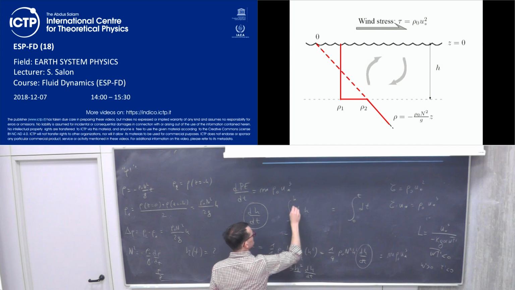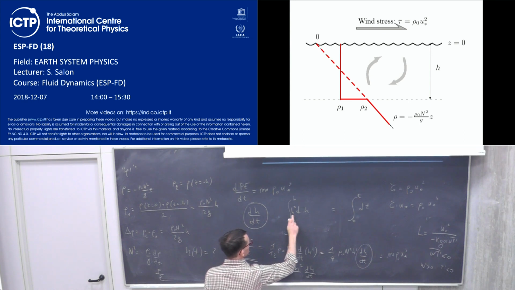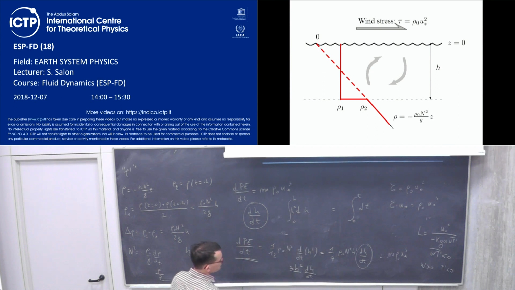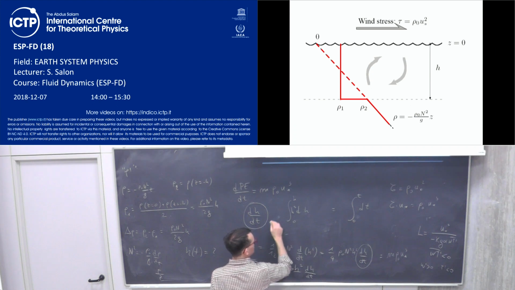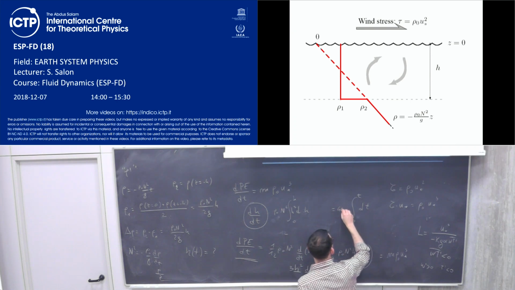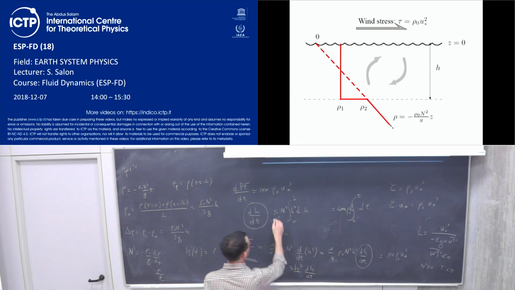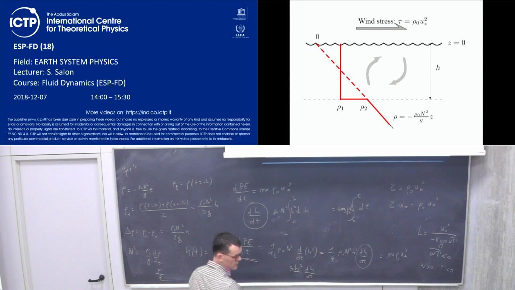We will have here the only term which depends on h, which is h squared. Then we will have rho 0 n squared, and here we will have 4m rho 0 u star cube. Okay, so rho 0 and rho 0 can be neglected. We just solve the integral.